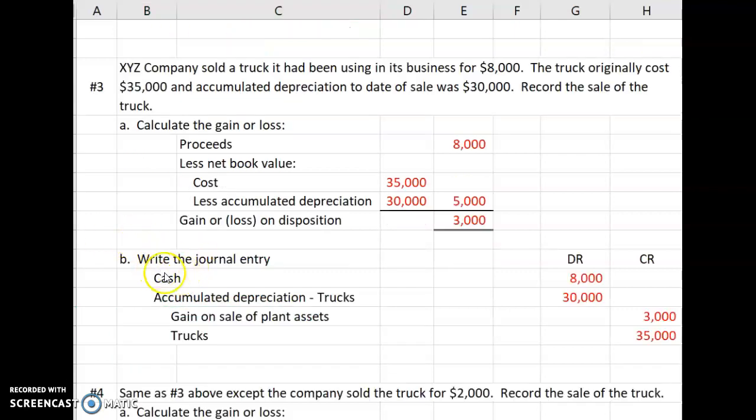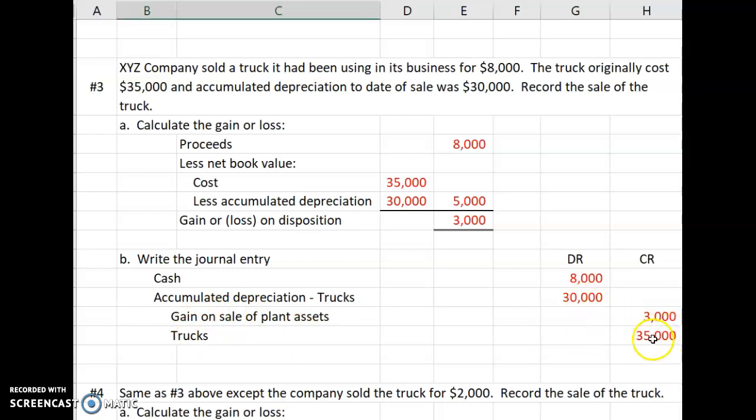So the journal entry is debit cash for the $8,000, debit accumulated depreciation for the truck, $30,000, credit gain on sale of plant asset or gain on sale of vehicles or gain on sale of trucks, $3,000, and credit the actual asset itself, trucks, $35,000.